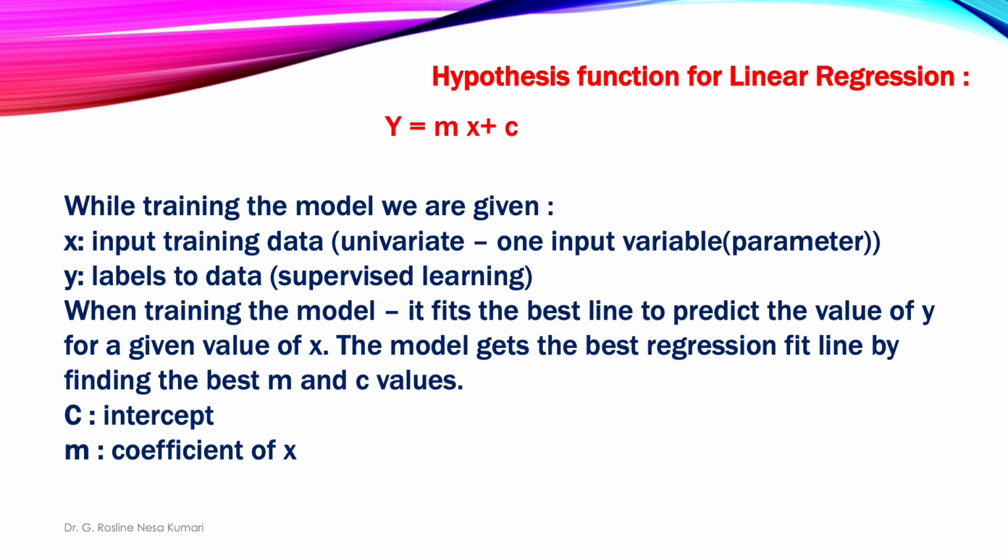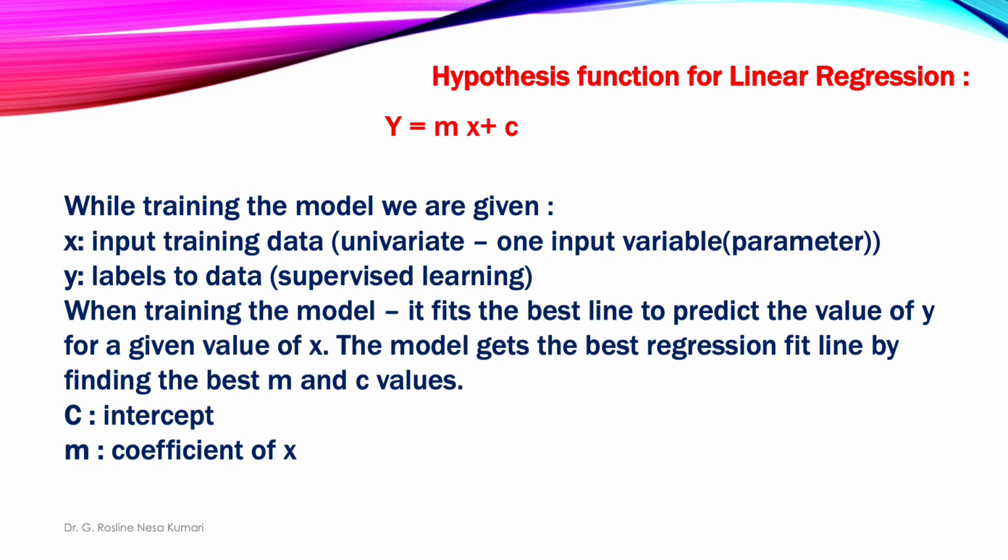The hypothesis function for linear regression is y equals mx plus c. In this training model, x is the input training data and y is the labels for the data, that is supervised learning. When training the model, it fits the best line to predict the value of y for the given value of x.